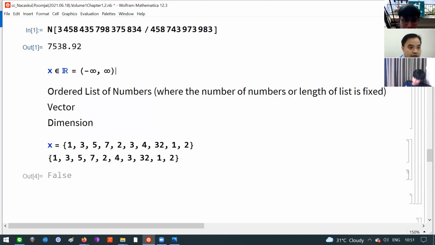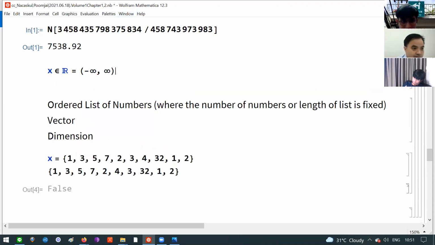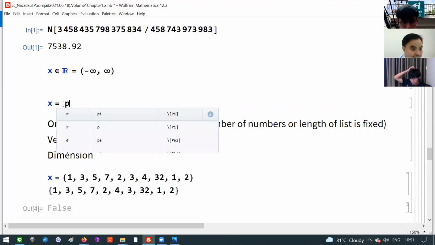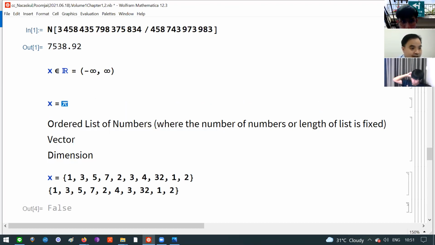So for example, you can say something like X is equal to 5.321, or you can say X is equal to pi. Okay, you can do that.